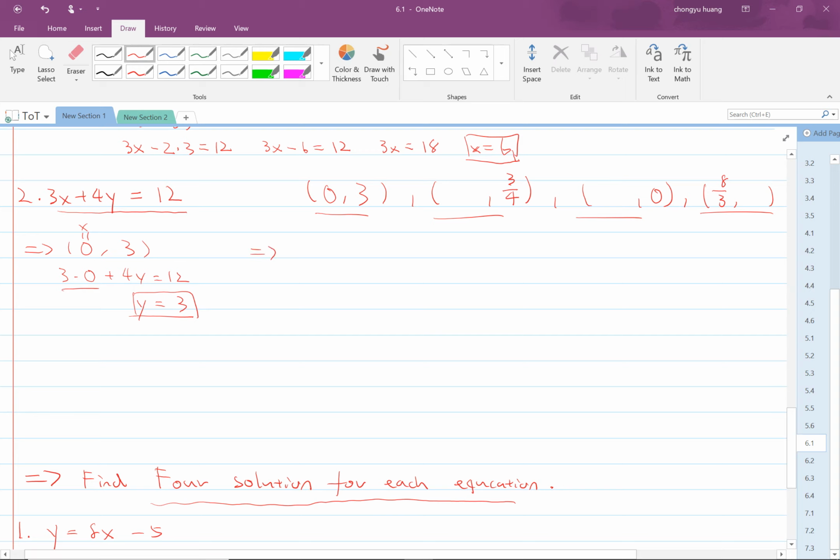Let's focus on the second point. The second point, we don't know anything about x, but we know y is actually equal to 3 over 4.